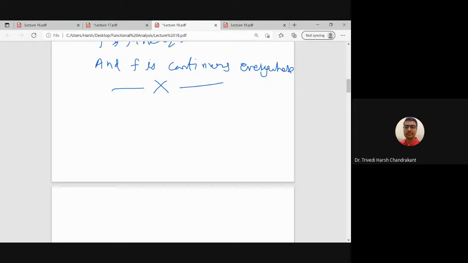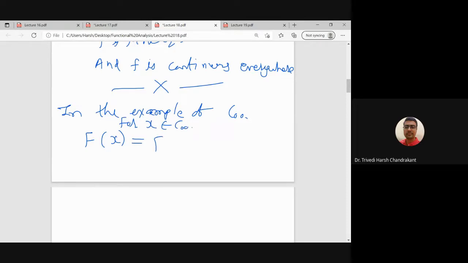In the example of c00, f is defined on elements of c00. So for x belonging to c00, f of x is basically f defined on the elements 0, 0, alpha i1, 0, 0, 0, alpha i2, and so on, 0, alpha i3, 0, 0, up to ik.